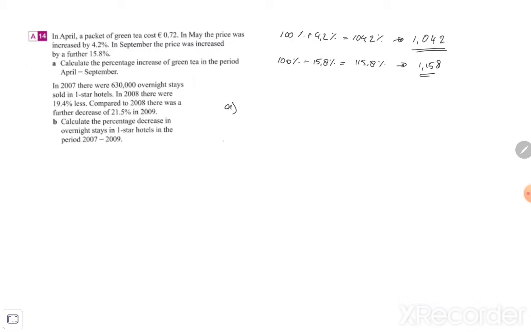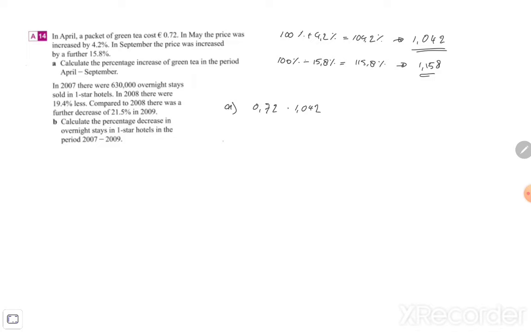To calculate the percentage increase of the green tea, first we need to know what the new price is. So we start with 0.72 and then multiply with 1.042.